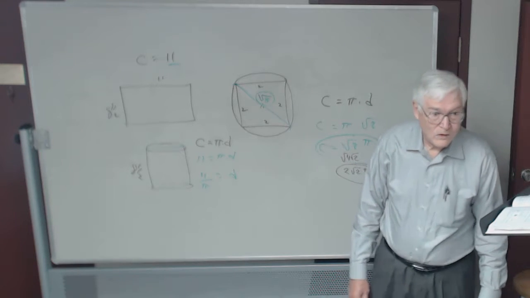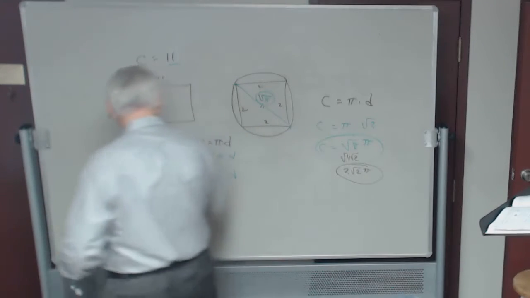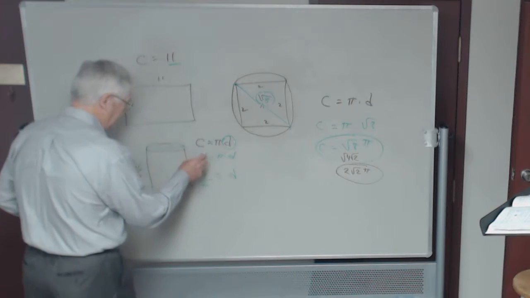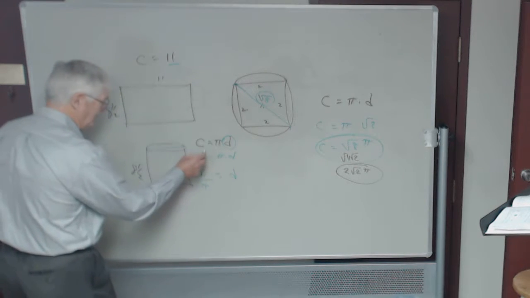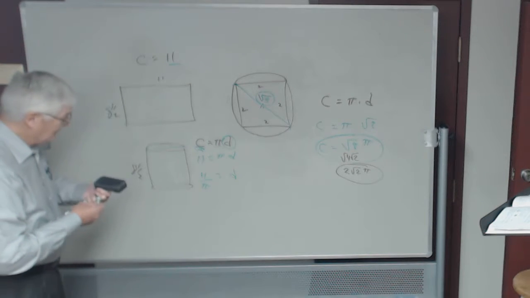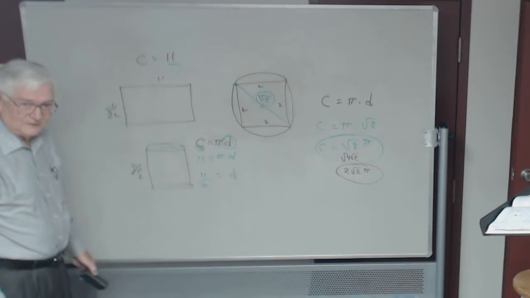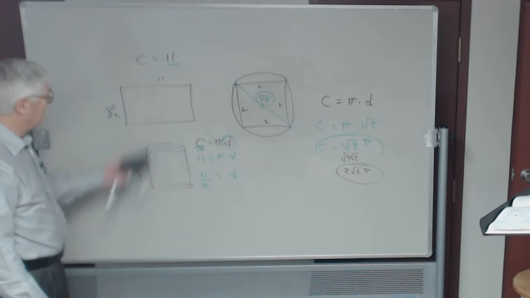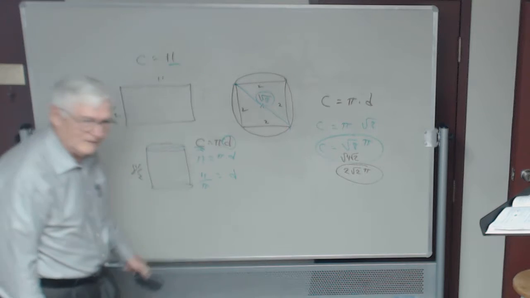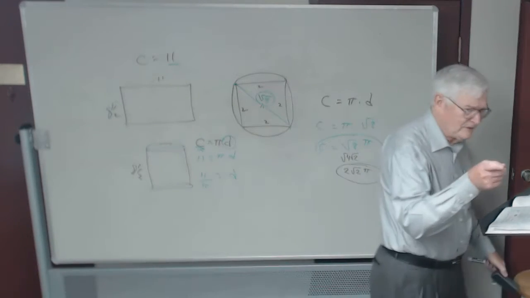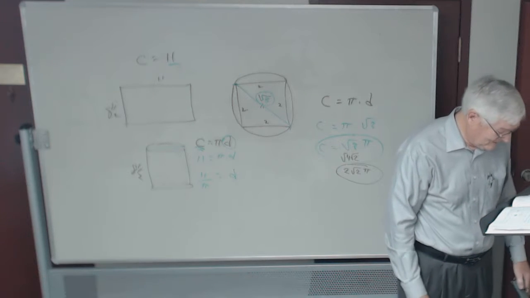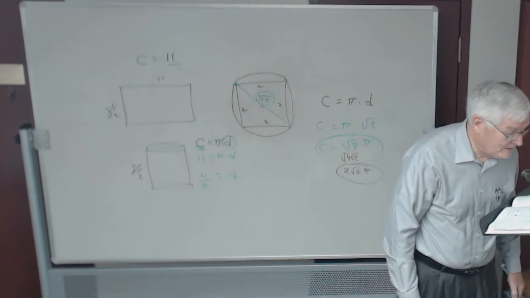Doesn't diameter times pi always equal the circumference? Oh, I see what you mean. So I have to use that formula for circumference, because this 11 becomes the circumference of my circle. Mm-hmm. Write yourself a note to remember that when it comes test time, because there'll be one just like this on the test.